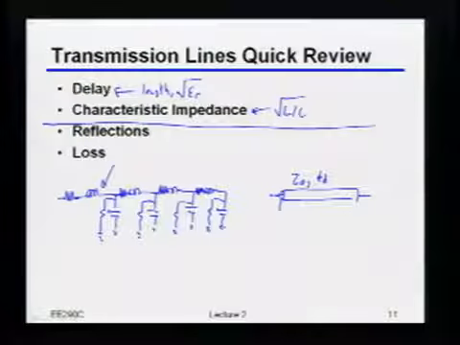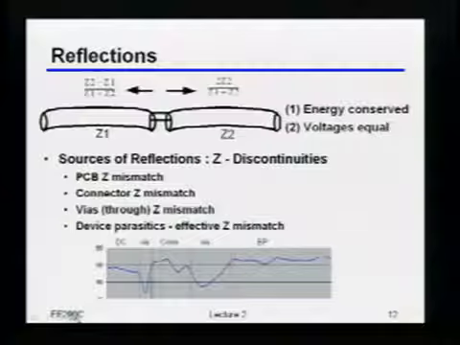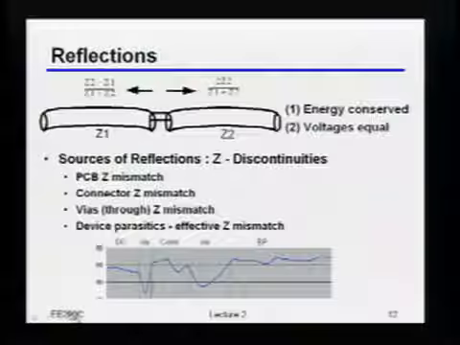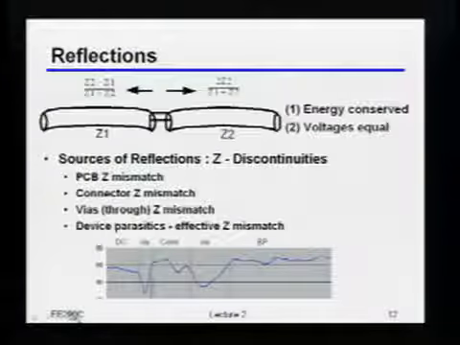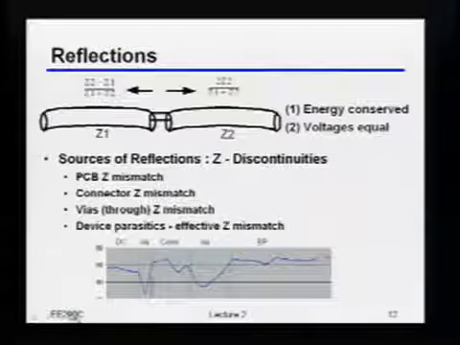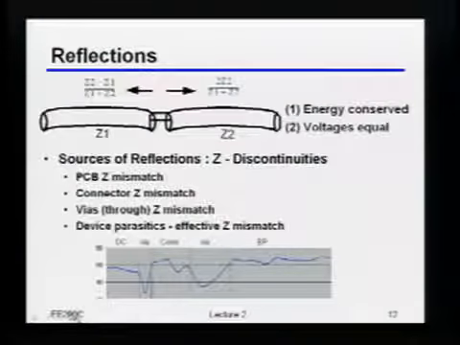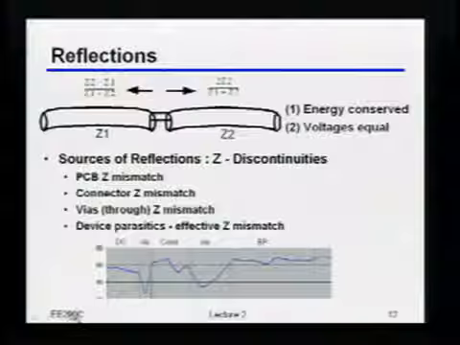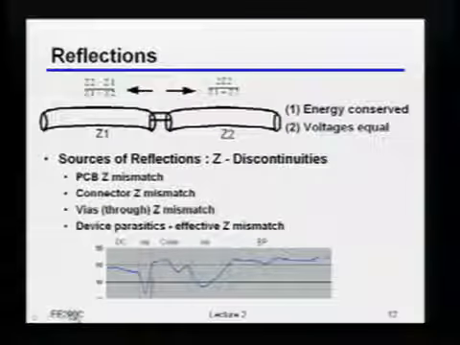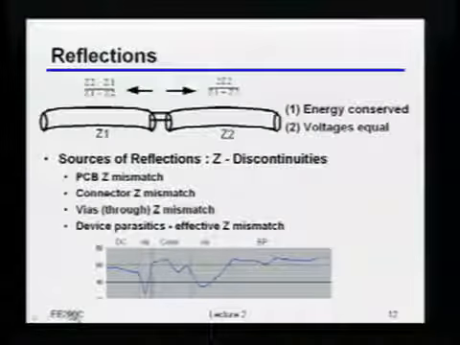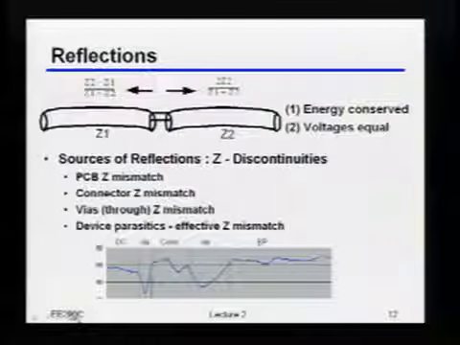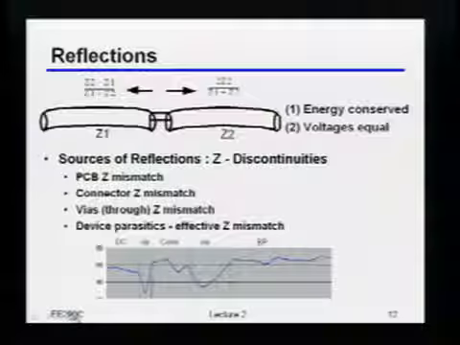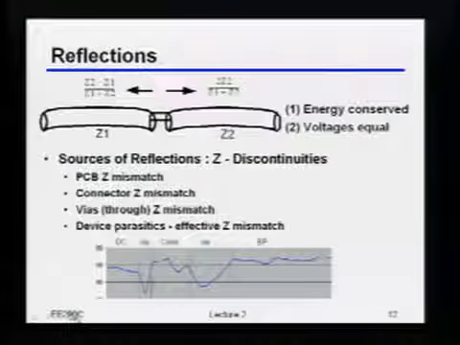So let's do a quick review of reflections. The whole trick here is that because everything's limited by the speed of light, if I have some transmitter over here talking to some receiver over there, you can't instantaneously know what the characteristics of the receiver are. So if I send some information from the transmitter, at first all it can see is the characteristics of whatever transmission line it's driving.